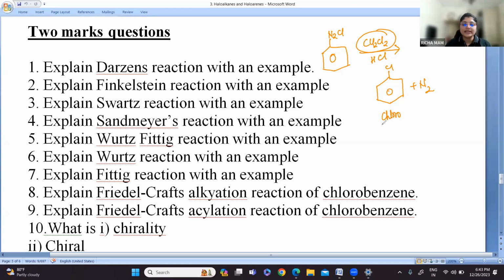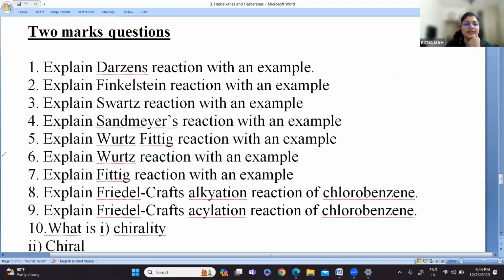So chlorobenzene or bromobenzene can be prepared by treating benzene diazonium chloride with cuprous chloride in HCl, or cuprous bromide in HBr, plus N2 will be formed. So this is Sandmeyer's reaction.